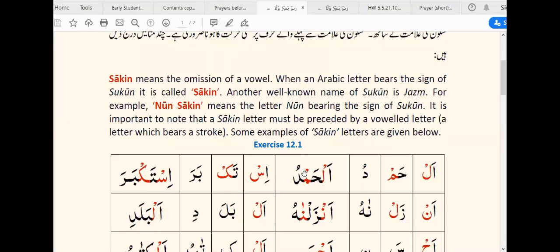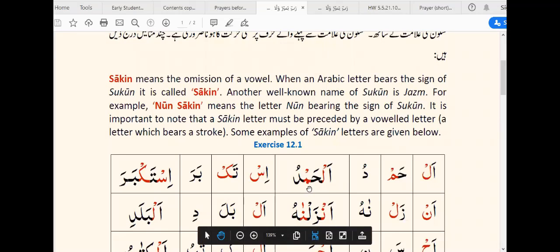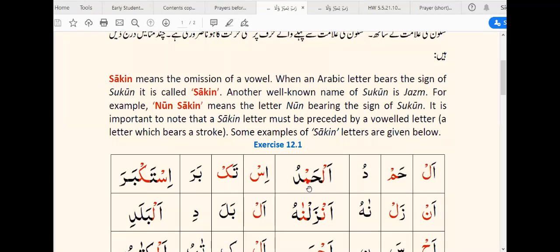It means that we're going to join two letters. Joining does not mean that we're not going to produce the sound of the letter just because it doesn't have a fatha, dhamma or kasra stroke. When we join it, we are going to produce the sound of the letter, but because it doesn't have a fatha, kasra or dhamma stroke, the sound is going to be a bit different.